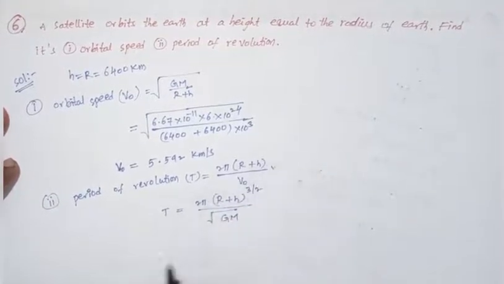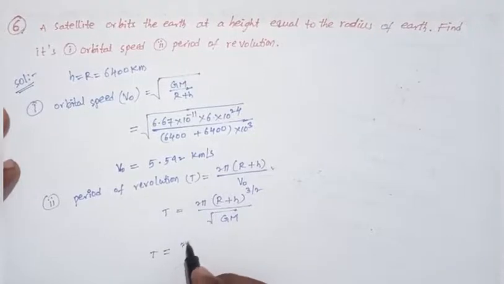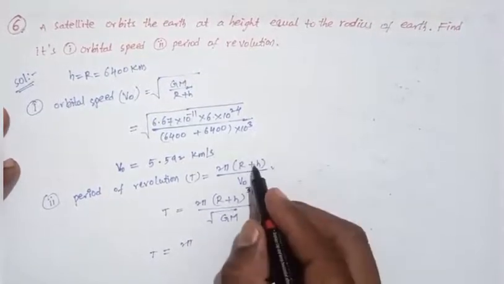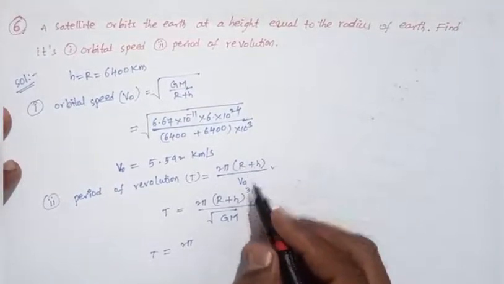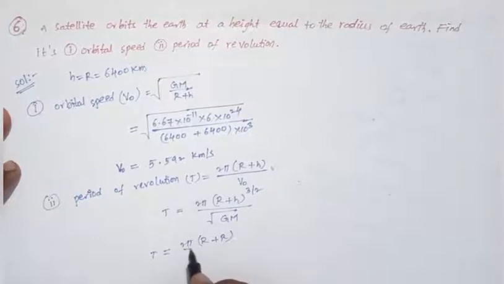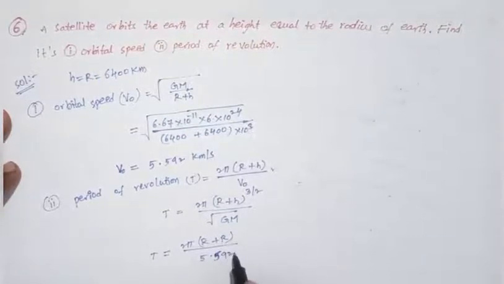So substitute this, T equals 2 pi into (r plus h). R plus h is nothing but r plus r, divided by 5.592.